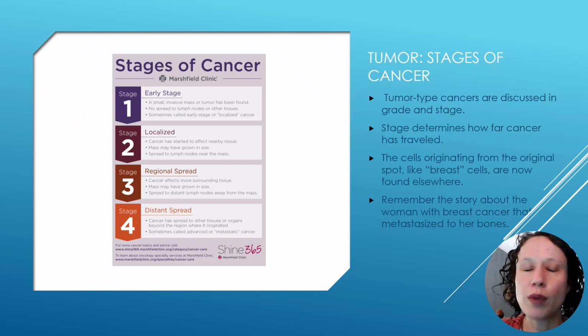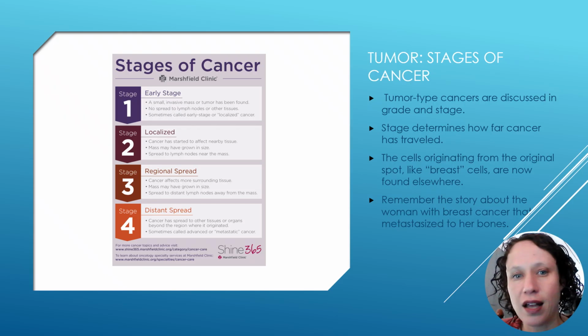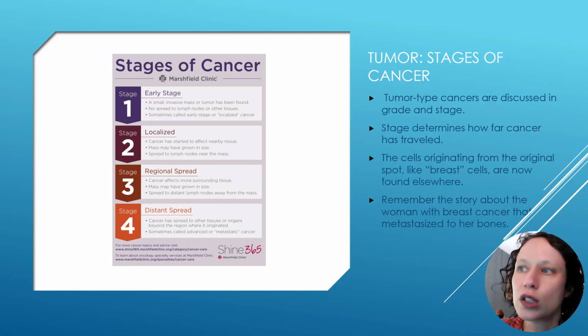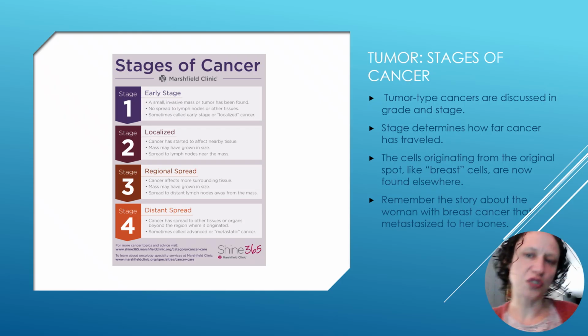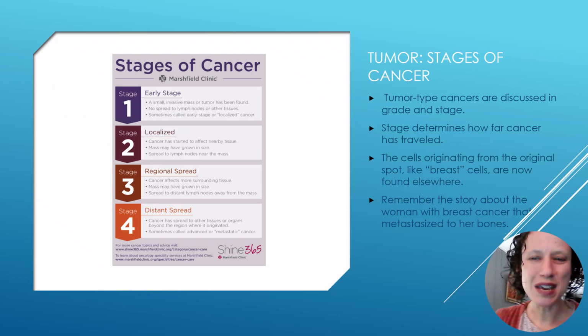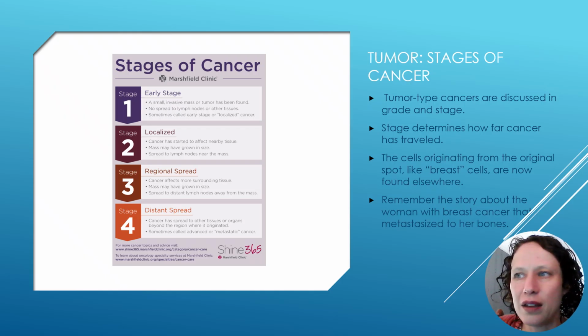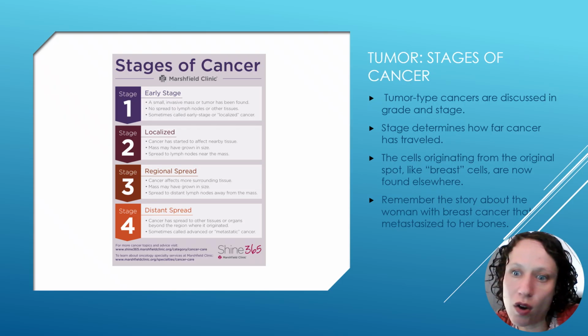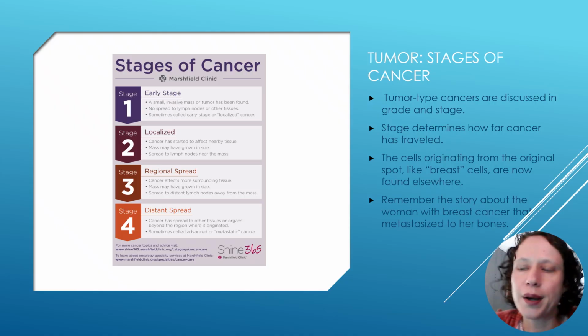We have good chances with this. The second stage is where it's localized, so it's still basically in that same area, but maybe it's spread to the cell next door. Maybe just spread out a little bit, okay? Spread to maybe the lymph nodes right over where it was.